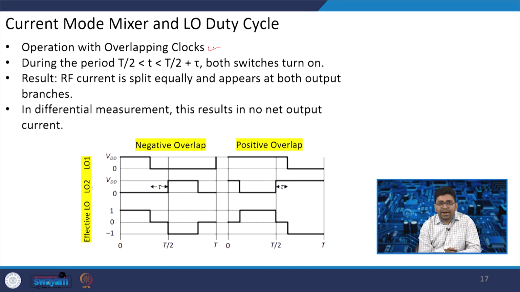During the period from T/2 to T/2 plus tau, this is tau, and these are the effective LO 2 and LO 1. When both the switches turn on during this period, what will be the result?